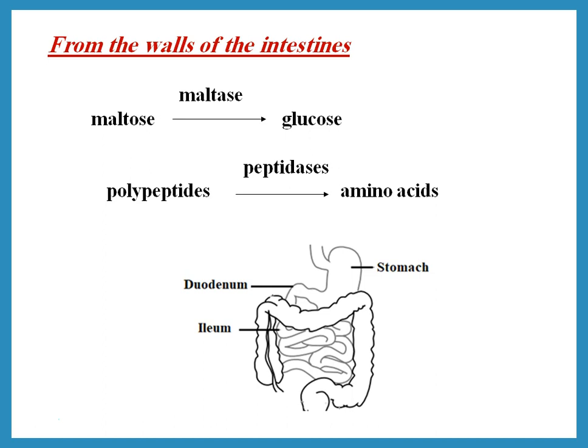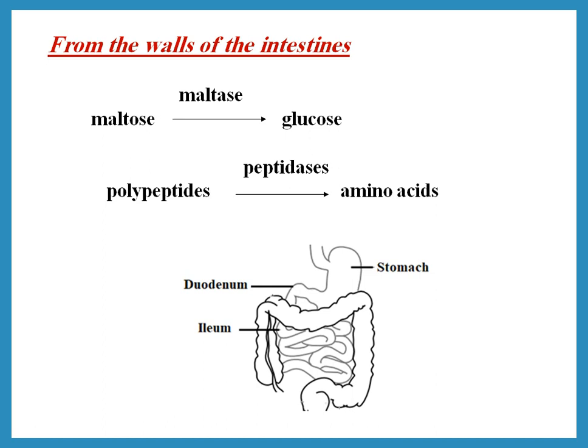Remember that we had amylase that breaks down starch to maltose. We now have maltase that breaks down the maltose into glucose. So this is the final end product of digestion of starch. Now, we also have some peptidases coming out from the wall of the duodenum. This breaks up the shorter chains of polypeptides into units of amino acids.